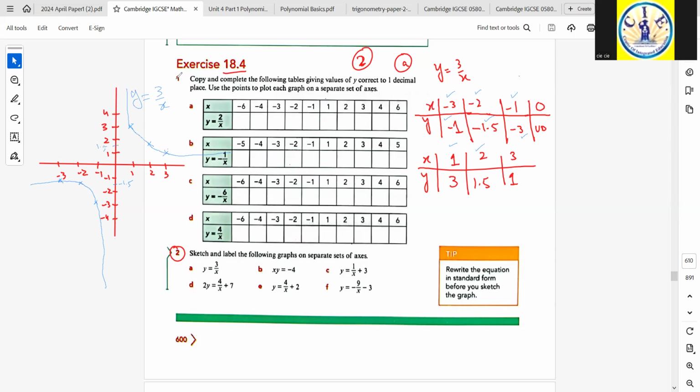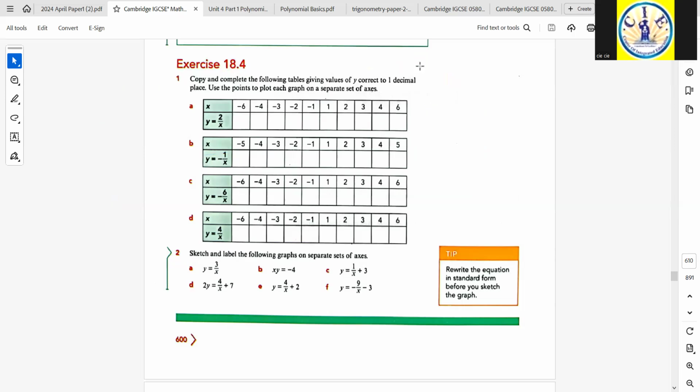Okay, in the same way, we can have the graph of part B. For example, it states that y is equal to -4 divided by x. We can make y the subject, and now we can construct the table of the values x and y. The value of x is, let's suppose I start from -4.